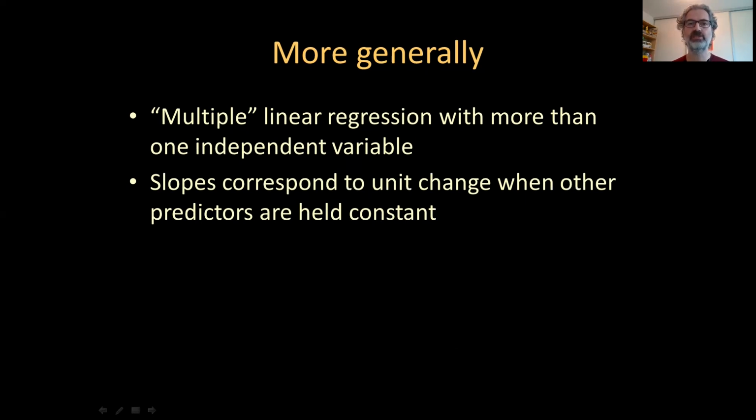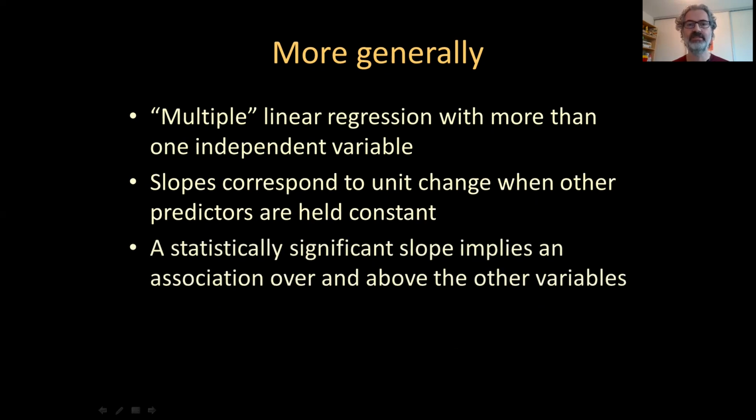So the meaning of the slope is always the same, but when you have multiple predictors, the slope is the change in the predicted value of the dependent variable when this particular independent variable increases by one and all the other independent variables remain constant. So the slope of each variable is only meaningful by assuming that all the other predictors are unchanged.